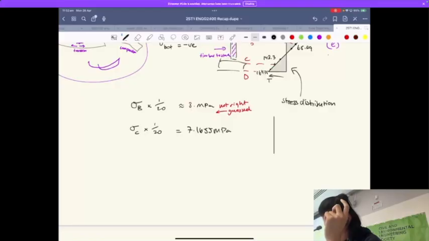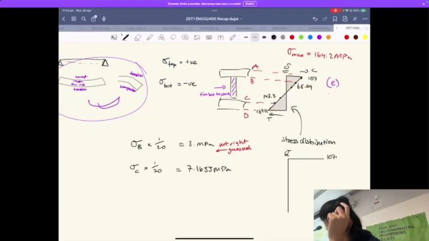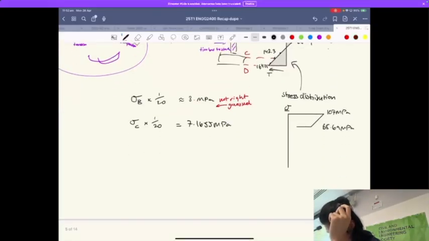Okay, so now what your stress distribution should actually look like. It should look like 107 MPa here. 65.69 MPa here. Then it goes down to 65.69 times 1/20, which is 7.1655.